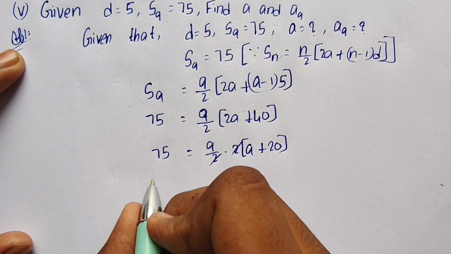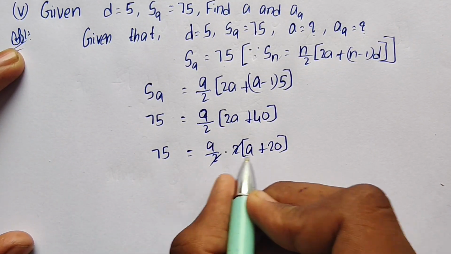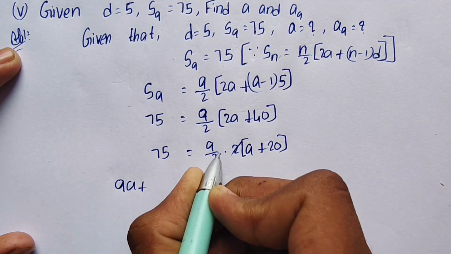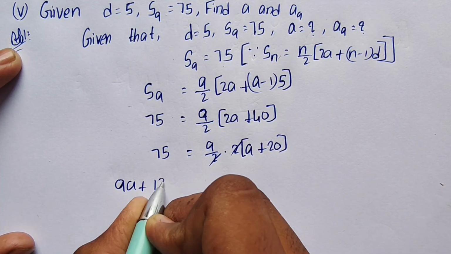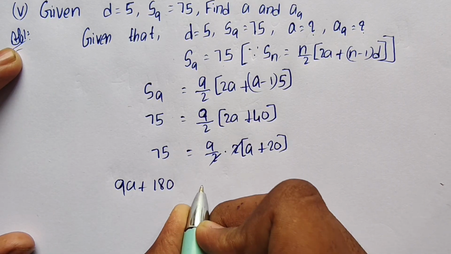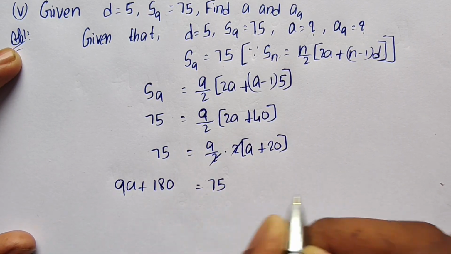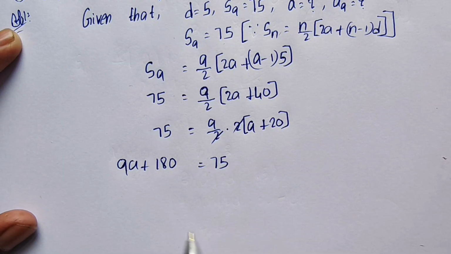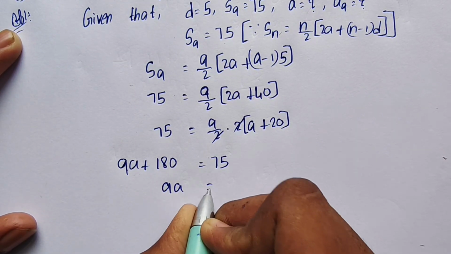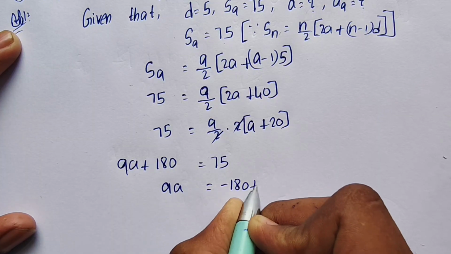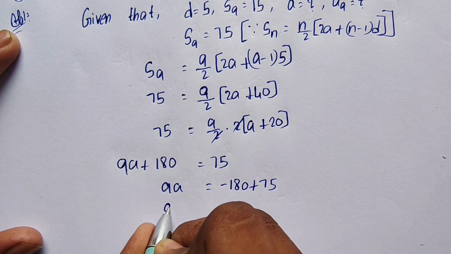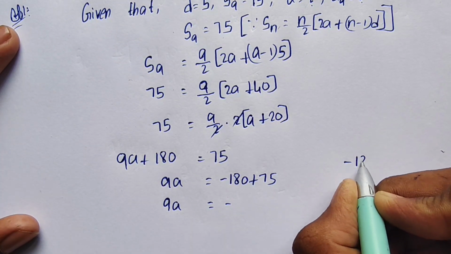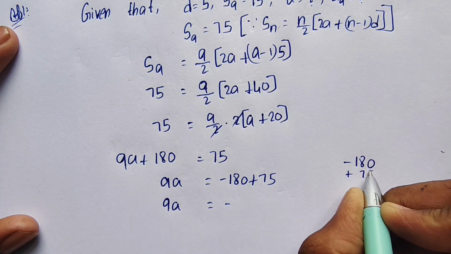So we can write this as 9a plus 9 into 20, which is 180, equals 75. Now I transpose the 180 to the right side. It becomes 9a equals minus 180 plus 75.